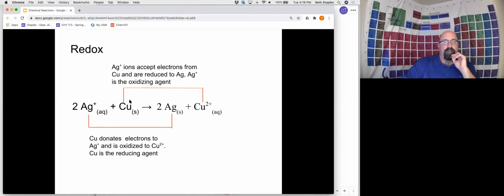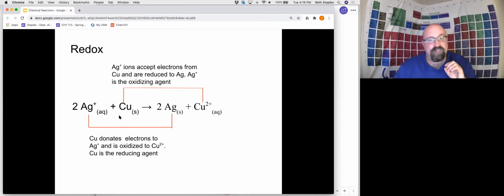The oxidation number on copper is 0 because it's in its elemental state. Oxidation number on silver is +1 because it's a monatomic ion with a 1+ charge. As we go from reactants to products, we can see that copper is donating electrons, right? Because copper is going from 0 to +2.